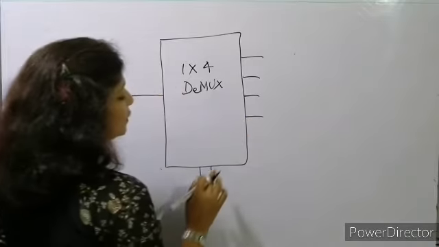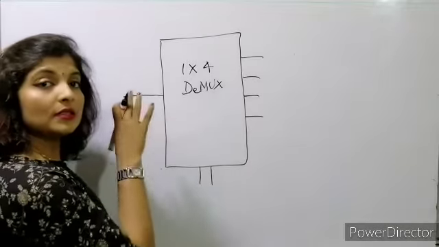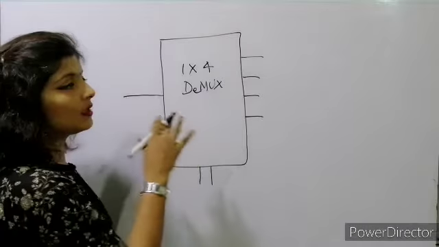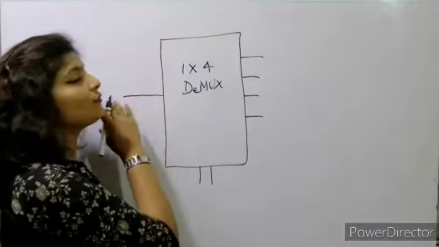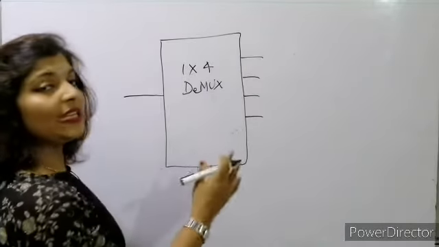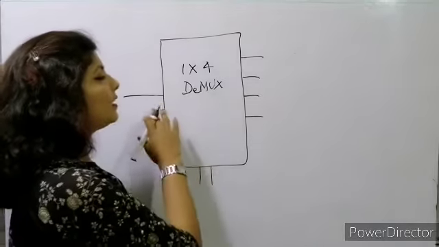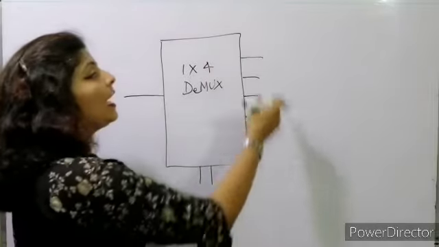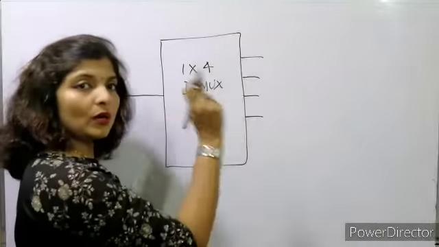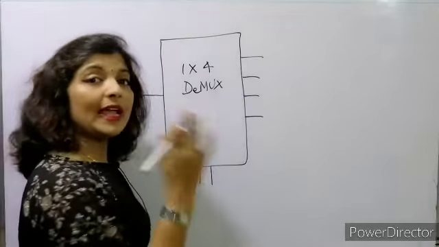This combinational circuit receives information on one line and transmits it to one of 2 to the power n output lines.